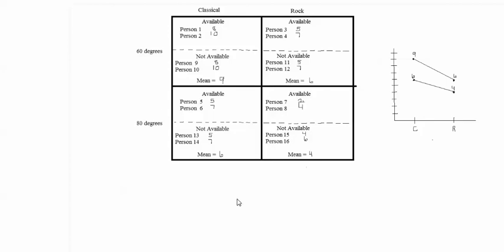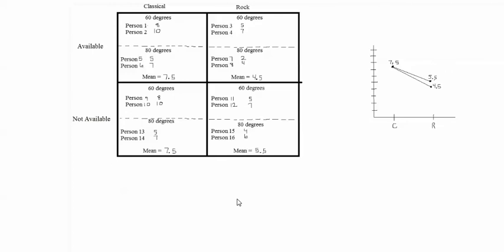Now we want to look at whether there's an interaction between type of music and availability of water. We just get the cell means over again. This time the columns are the types of music, and the rows are availability of water. And temperature is ignored.